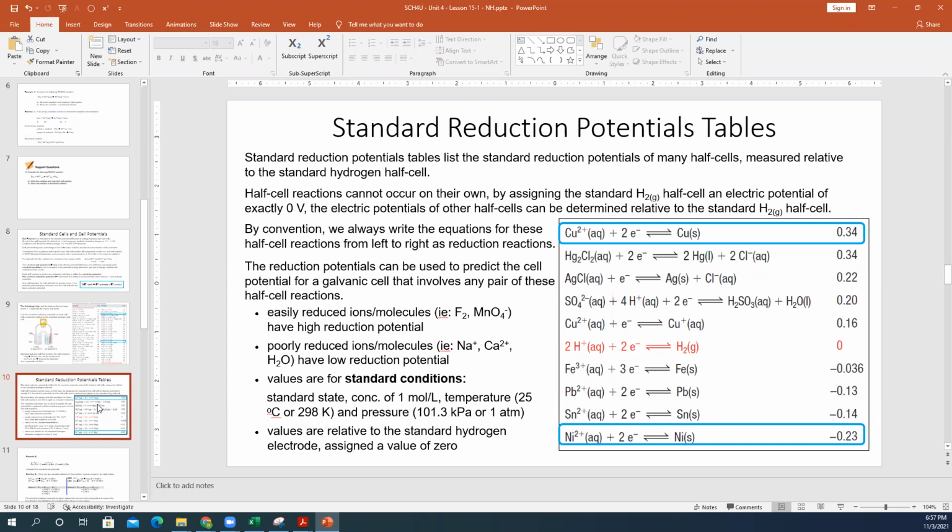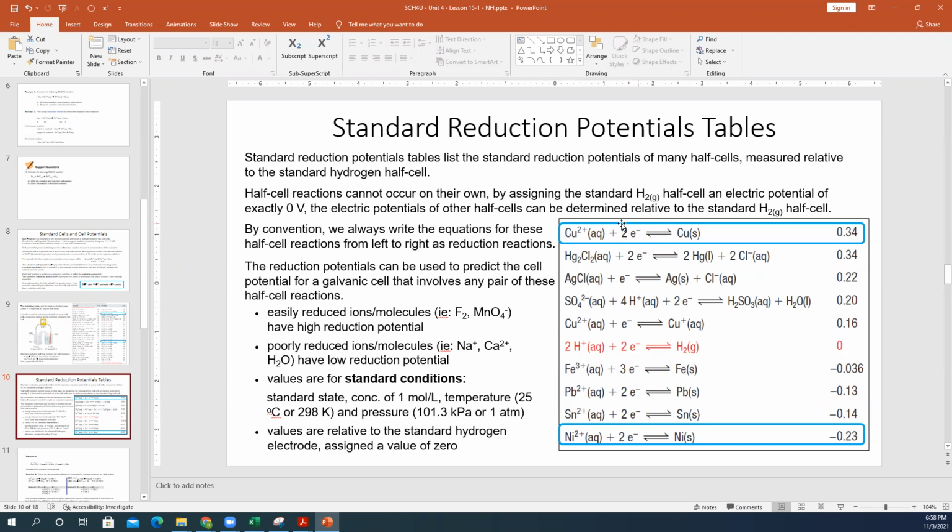So by assigning the standard hydrogen half cell an electric potential of 0 volts, the electric potential of the other half cells can be determined relative to the standard hydrogen half cell. And the convention is that we always write the equation for these half cell reactions from left to right as reduction reactions.